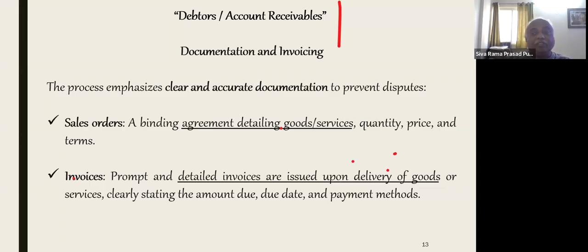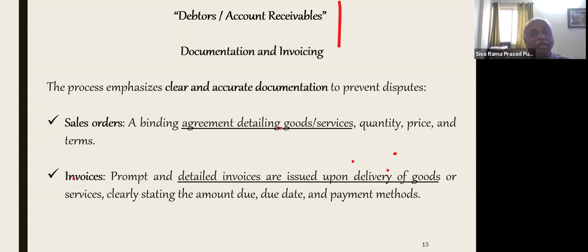So detailed invoices are issued upon delivery of the goods or service, clearly stating the amount due and the due date. So these also are to be taken into consideration.